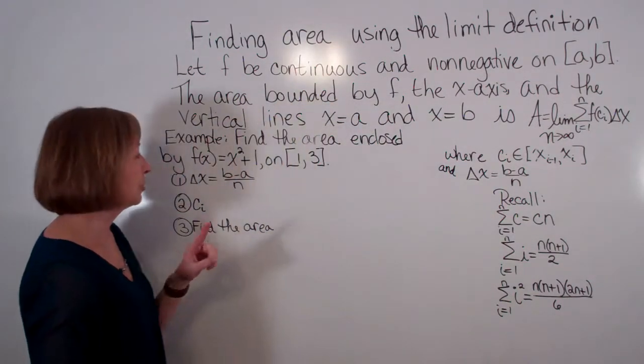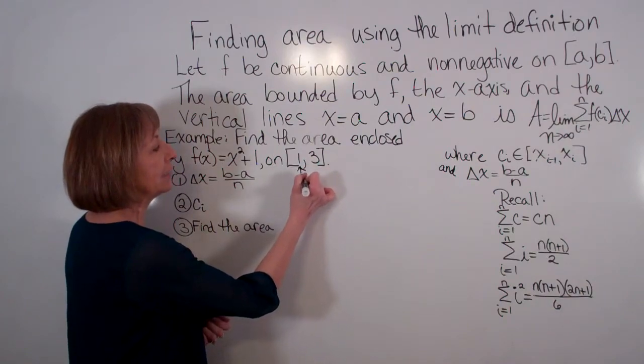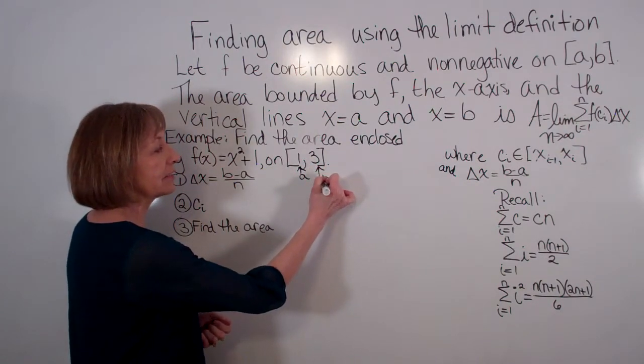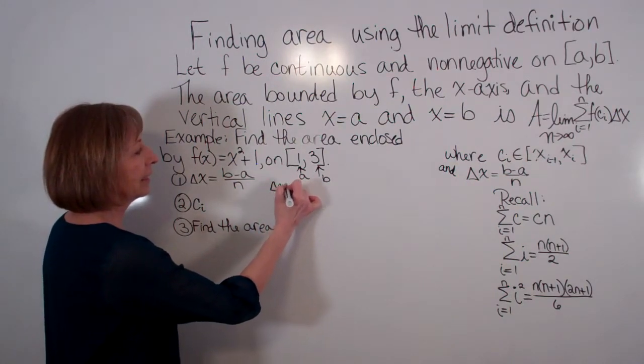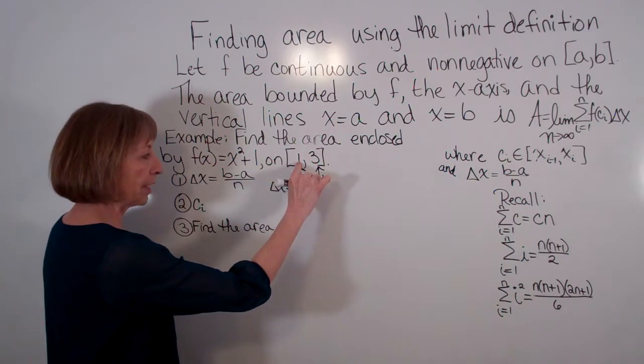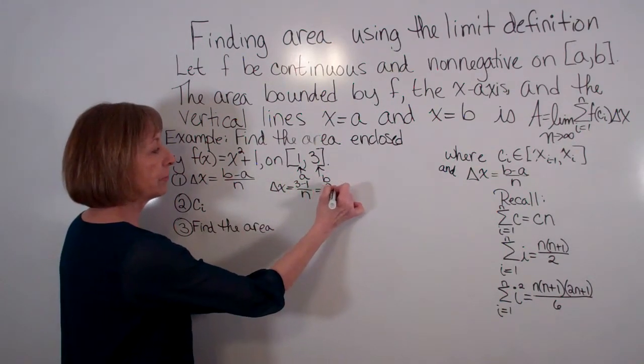Since our question is over the interval from 1 to 3, our a is 1 and our b is 3. So our delta x is 3 minus 1 over n, or 2 over n.